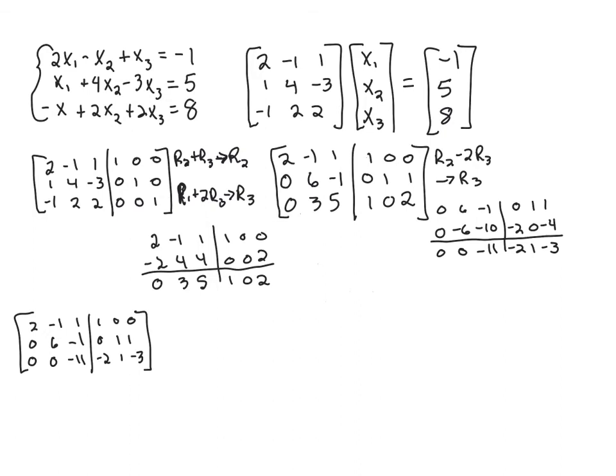Now I'm going to use that negative 11. The book will tell you to divide it out and get a 1, and that's fine. You know what? Let's do what the book says. I'm going to say row 3 divided by a negative 11, replace row 3.